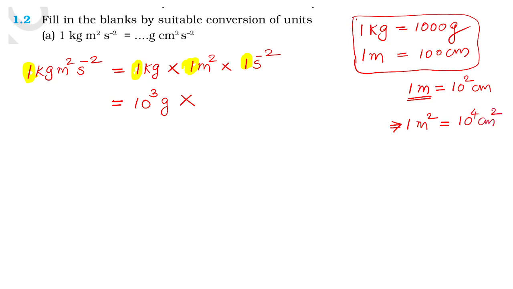I will repeat, don't worry, but listen carefully. So squaring both sides, 1 meter square will be 10 raised to 4 centimeter square. I want centimeter square on the right side.